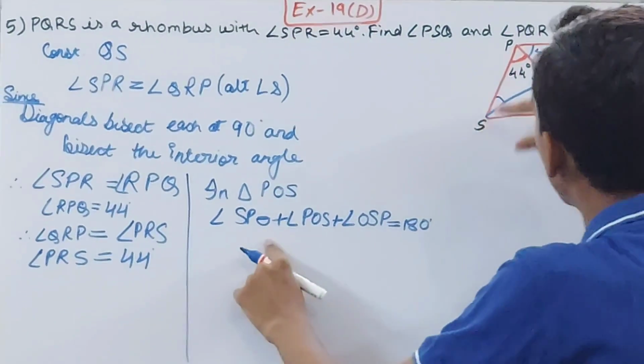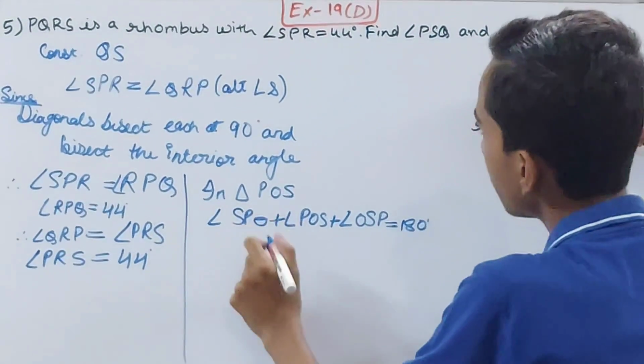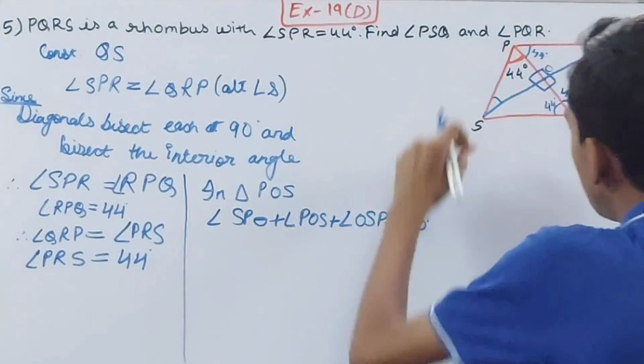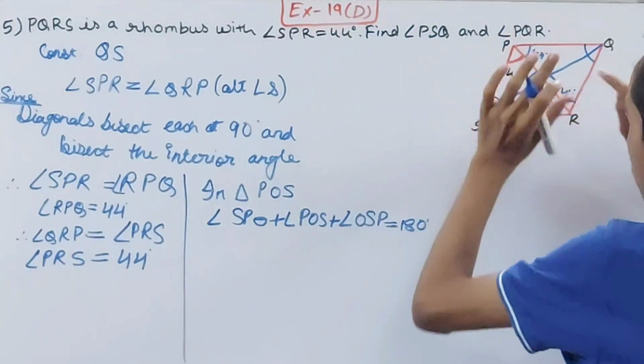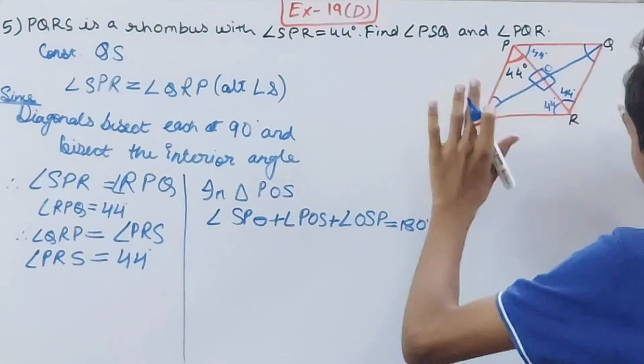SPO, this part, is 44 degrees. SPR it is, but you can call it SPO also, it will not be a problem.